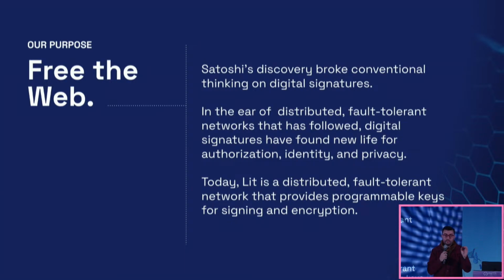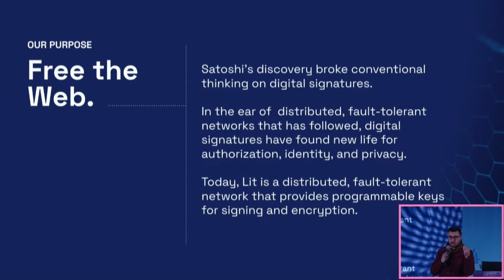If you go back to the white paper and look at the first two sentences, the first sentence is, we need peer-to-peer cash. I'm paraphrasing here. The second sentence is, digital signatures provide part of the solution, but then we also need a method to prevent double spending. And then the next 9 pages are all about proof of work.